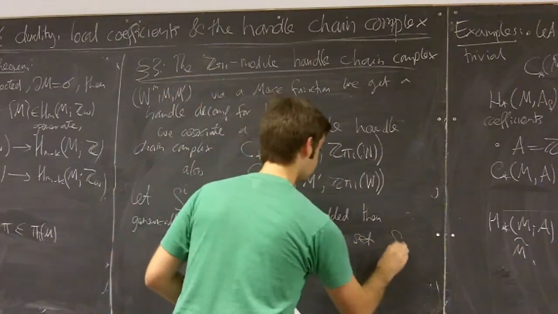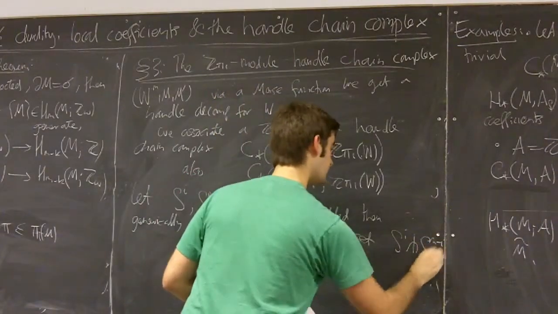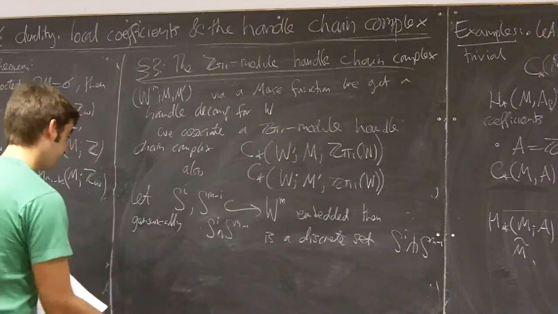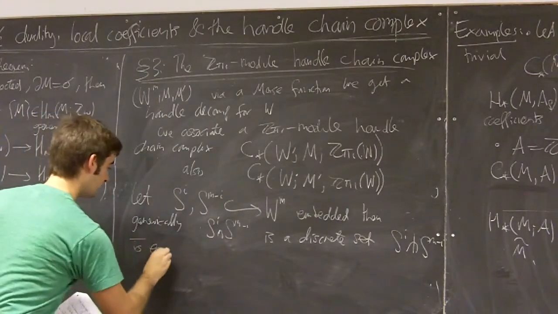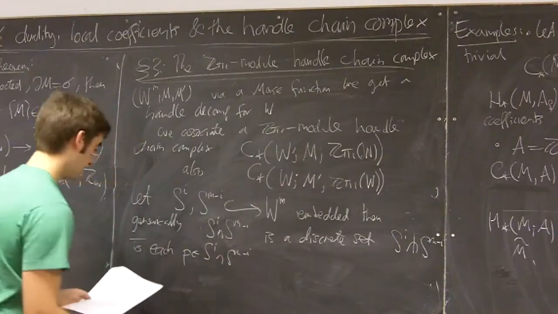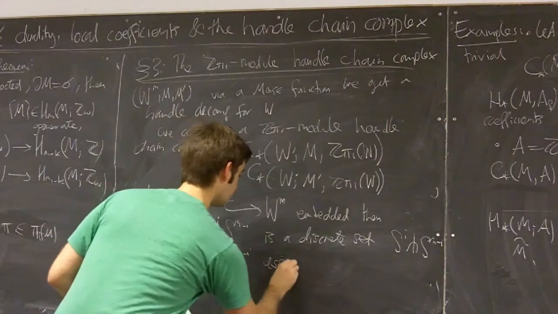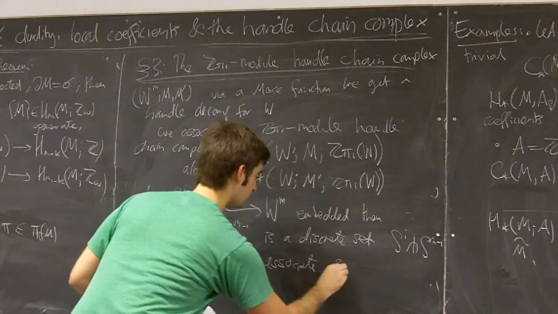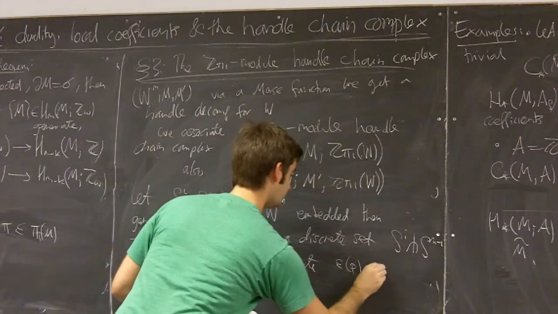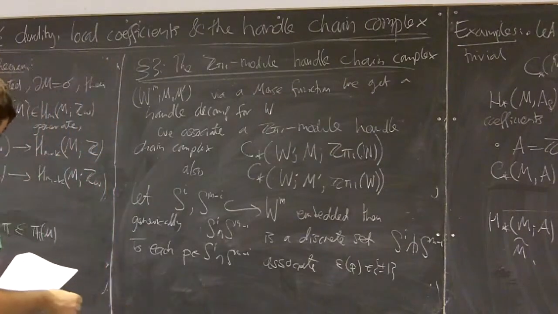We can perturb this to be a transverse intersection, which I denote with this symbol. And then to each point in the intersection, we can associate a sign, which I'm going to call epsilon of P, either plus or minus 1. And we do this as follows.